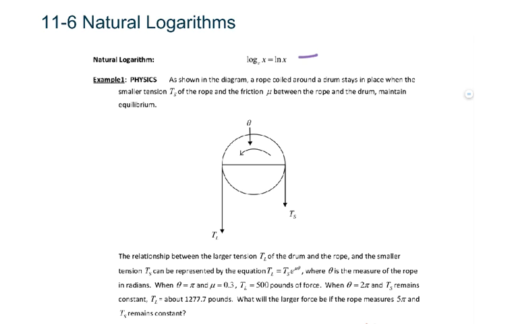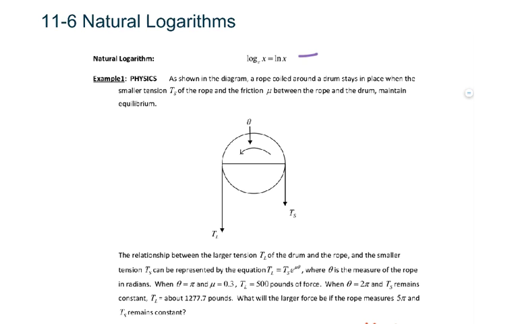In example 1, it says, as shown in the diagram, a rope is coiled around a drum and stays in place when the smaller tension T sub S of the rope and the friction mu, the Greek letter mu, between the rope and the drum maintain equilibrium.